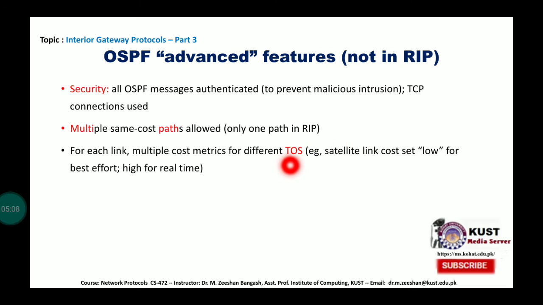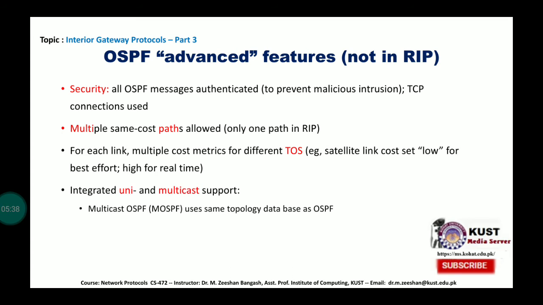For each link there are multiple cost metrics, and based on the condition and the scenario, the path will be selected, because each path contains multiple costs, and that cost may be set from low for best effort and high for a real-time environment. So this is another edge of OSPF over RIP.